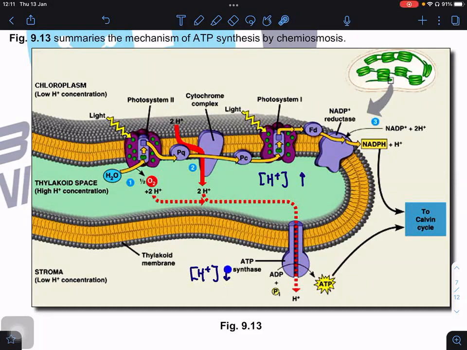This steep proton gradient causes the protons to move from the thylakoid space into the stroma across the ion channel associated with the ATP synthase. When protons move, energy is released, and this energy is used to phosphorylate ADP so that the plant can generate ATP. This ATP together with reduced NADP will be used in the Calvin cycle.